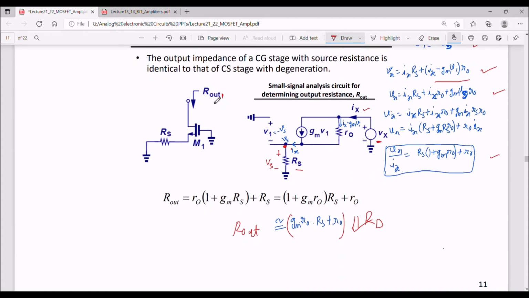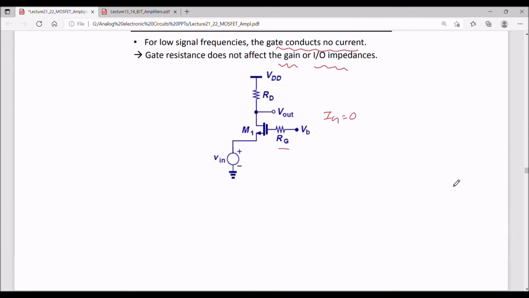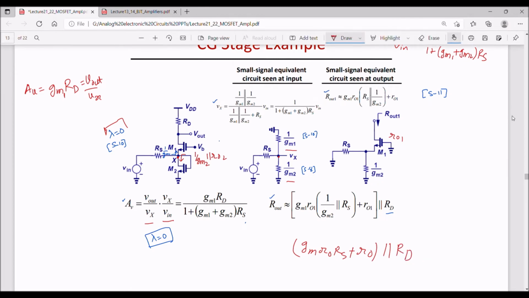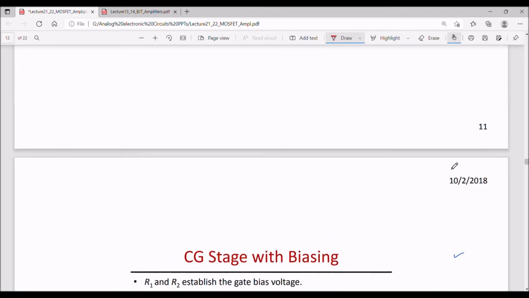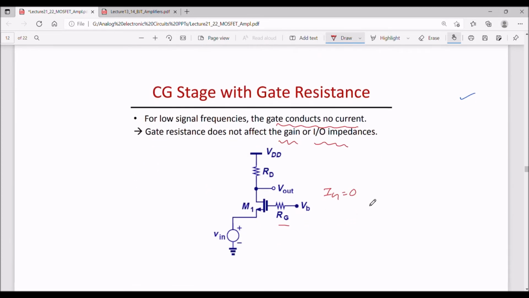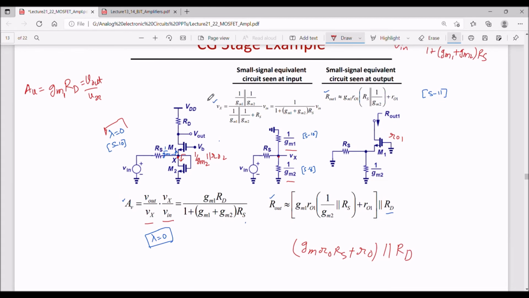This output impedance we have calculated as [Gm R0 RS plus R0] parallel to RD. So here also we will utilize the same, that is [Gm R0 RS plus R0] parallel to RD. Let us check. Is it the same? So we have written here [Gm R0 RS plus R0] parallel to RD.